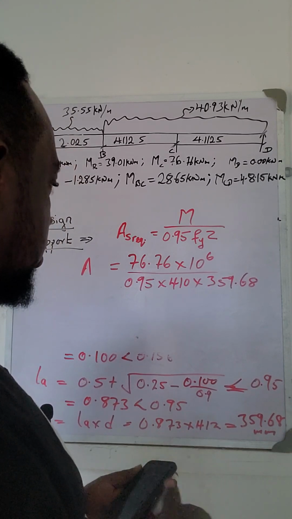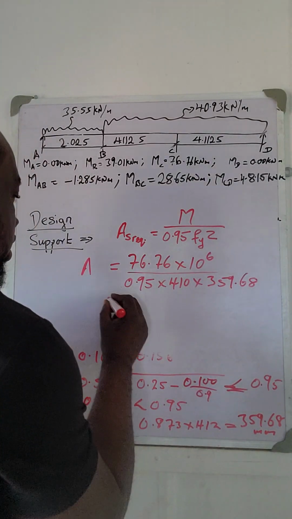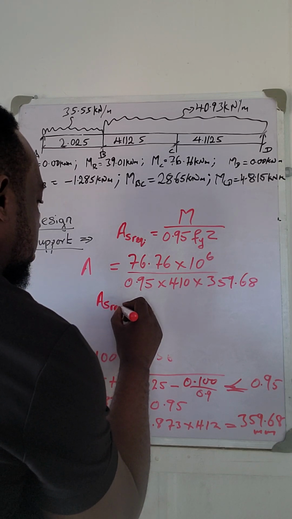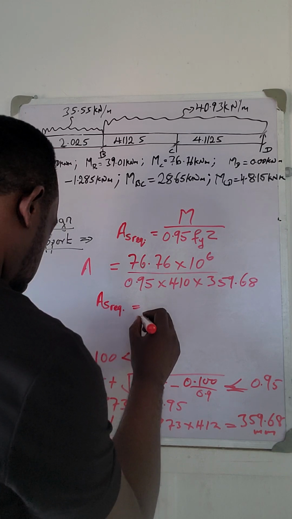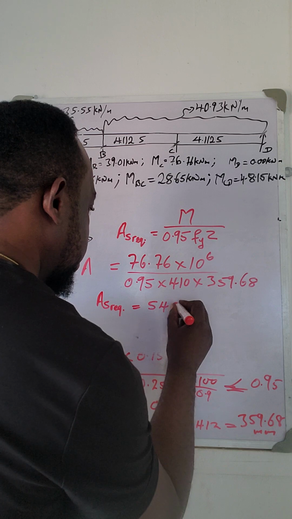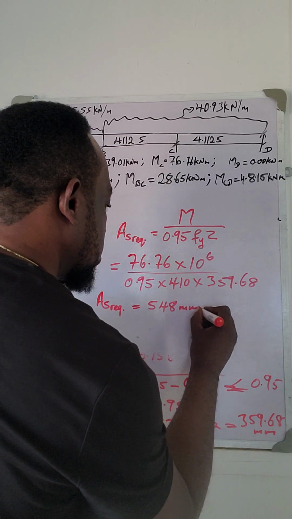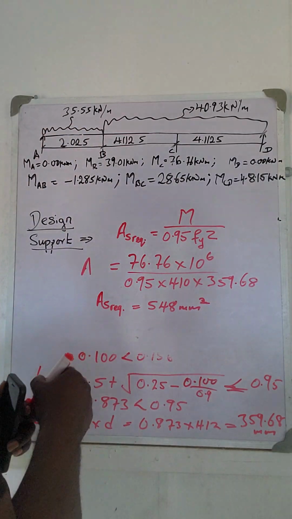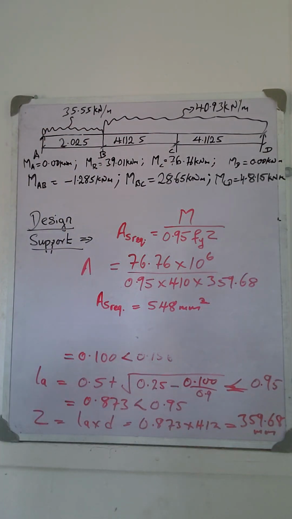This one will give us As required equal to 548 millimeters square to the nearest whole number. Alright, so this is our As required.